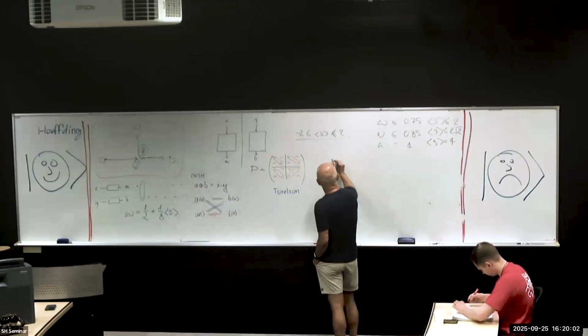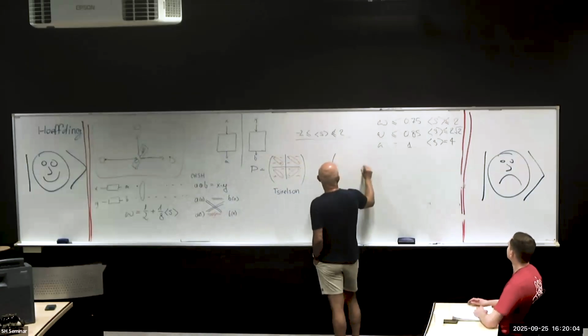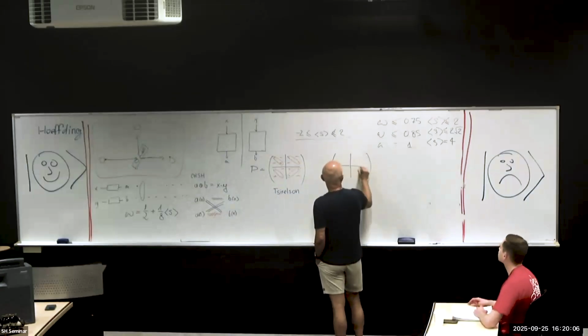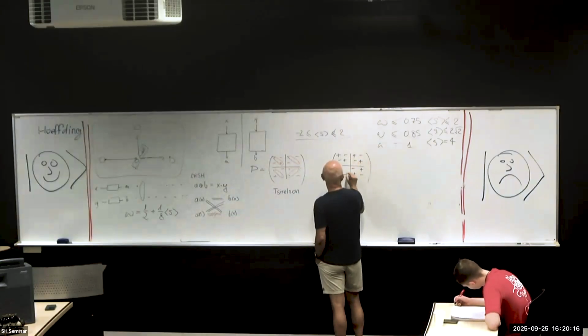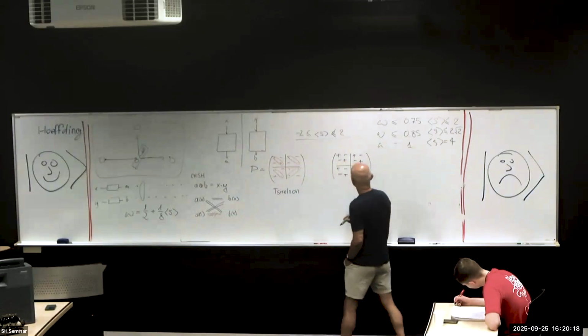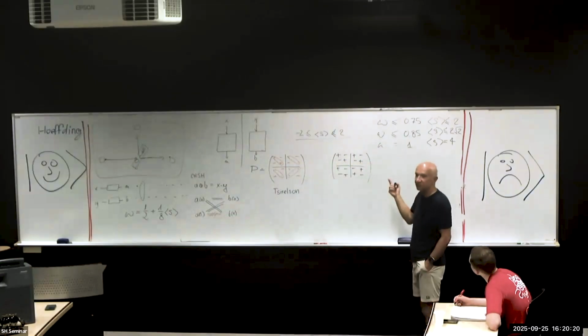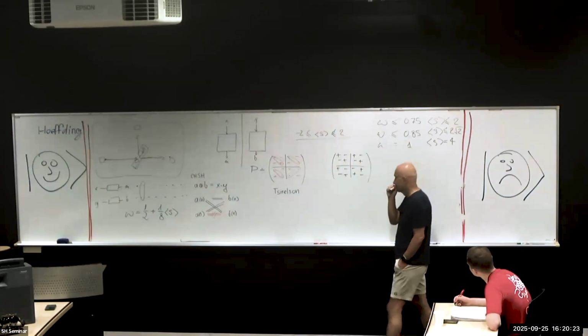If I have a matrix of this type: plus, plus, minus, minus, plus, plus, plus, plus, minus, minus, minus, minus, plus, plus, minus, minus. So it's a plus 1 minus 1 matrix.